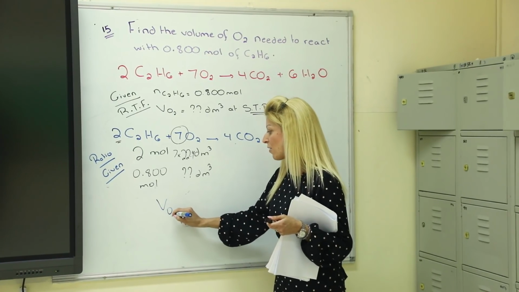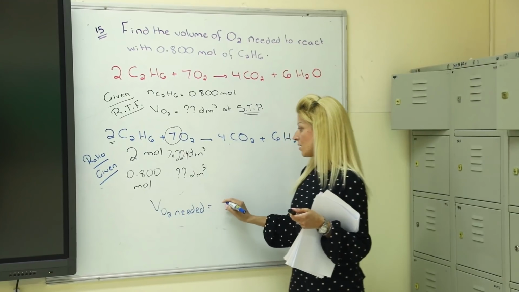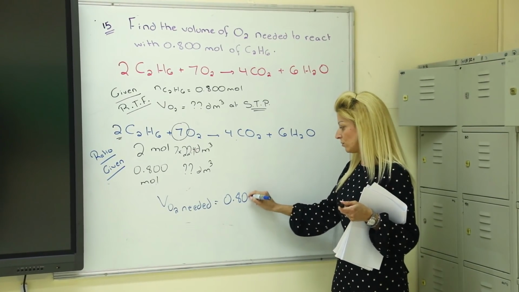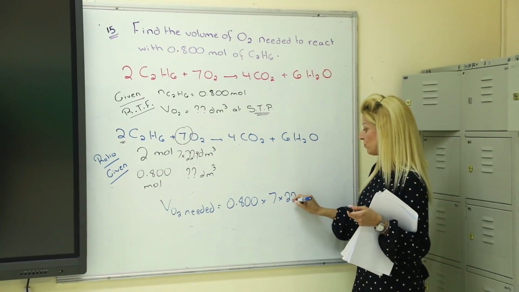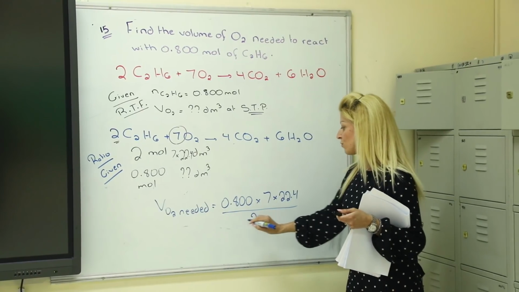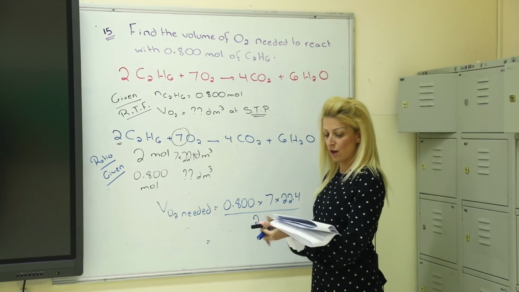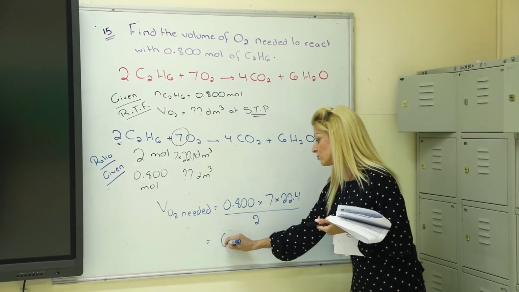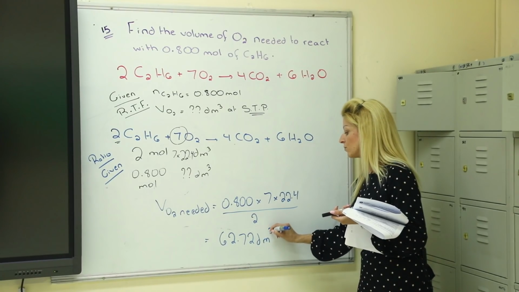So the volume of oxygen that's needed equals 0.800 times 7 times 22.4 divided by 2. So if you use your calculator, you'll get your final answer to be 62.72 decimeter cubed.